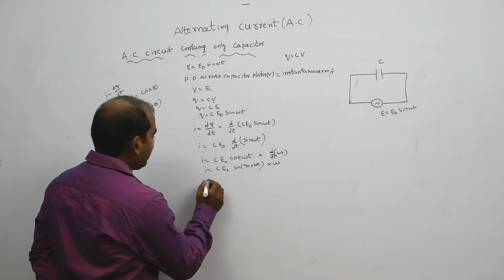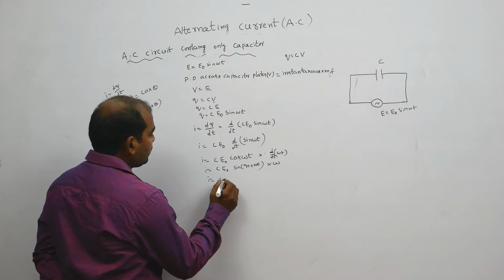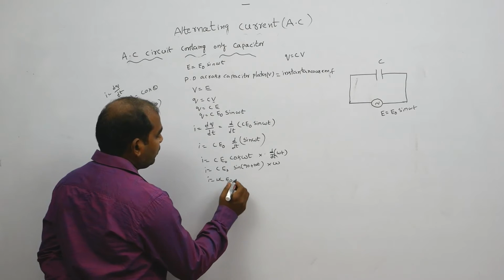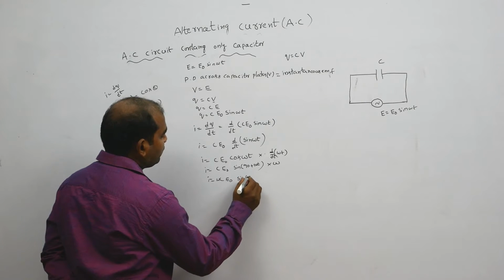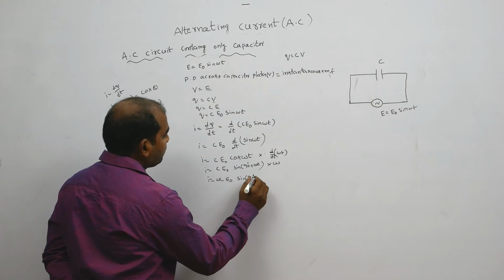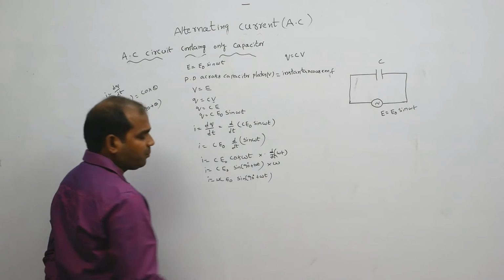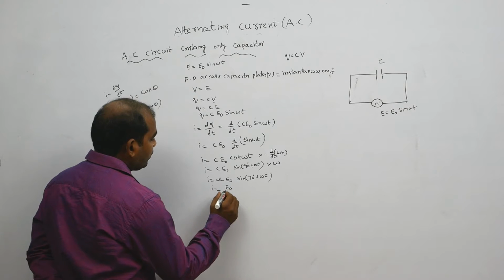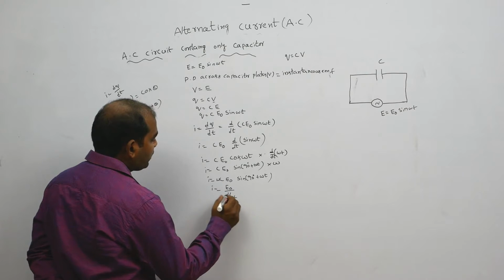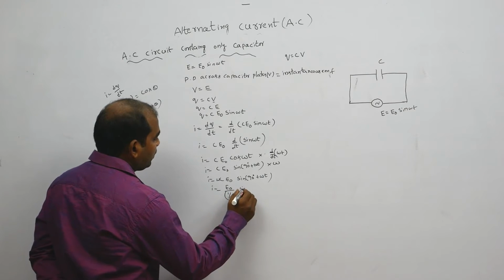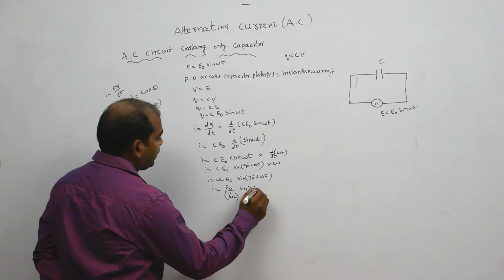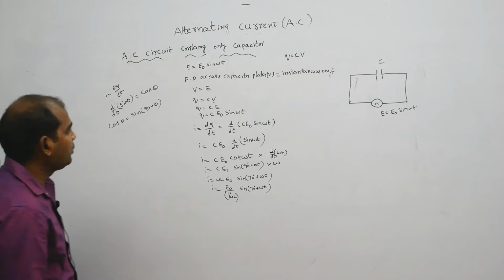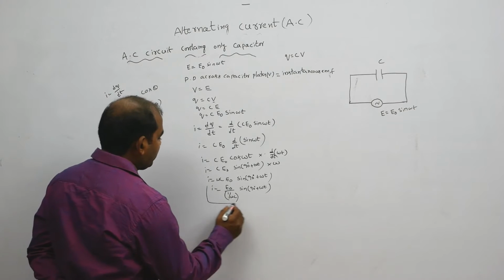That means I is equal to omega C into E naught sin of 90 degrees plus omega t. This can be written as I equal to E naught by 1 by omega C into sin of 90 degrees plus omega t. So this is the final expression.